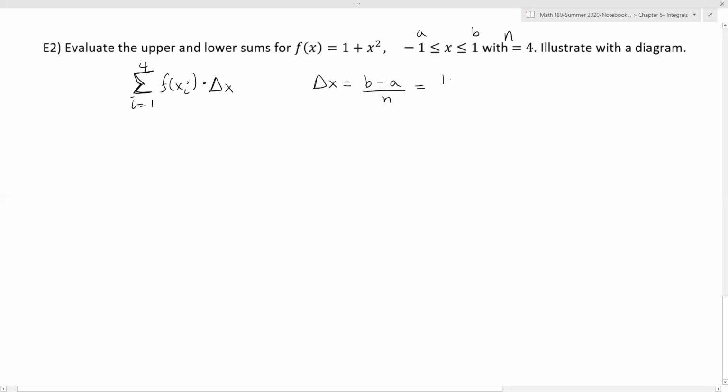So that's 1 minus -1 over 4, which equals 2 over 4, which equals 1/2. That's going to be my delta x. And my f of xi is going to change for each one of my values.